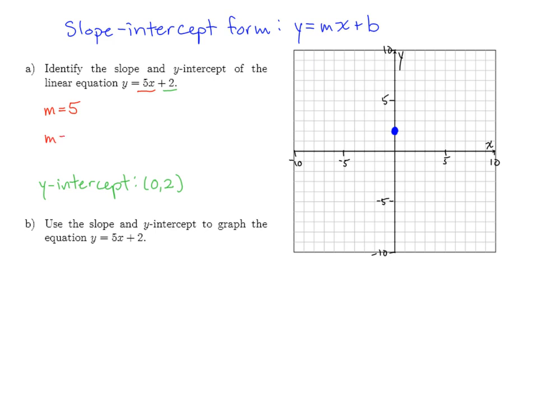So we can write m as 5 over 1, and that can help us see our rise over run. So from that point 0, 2, we're going to go up 5 units, right 1 unit. That's +5 over +1. So I'll go up 5 units and right 1 unit, and that will put me at the point 1, 7. So I'll add that point to the graph of this equation.